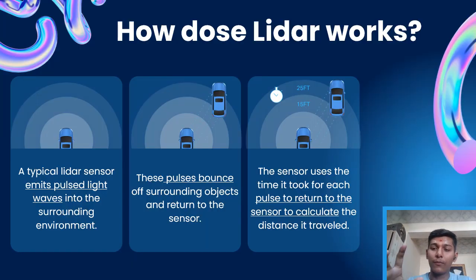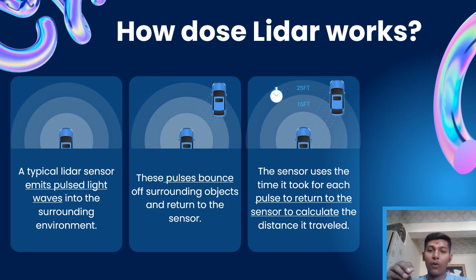So how does LiDAR work? It can be considered in three steps. Basically, the LiDAR sensor emits pulsed light waves into the surrounding environment, and the pulses bounce off the surroundings and return to the sensor.